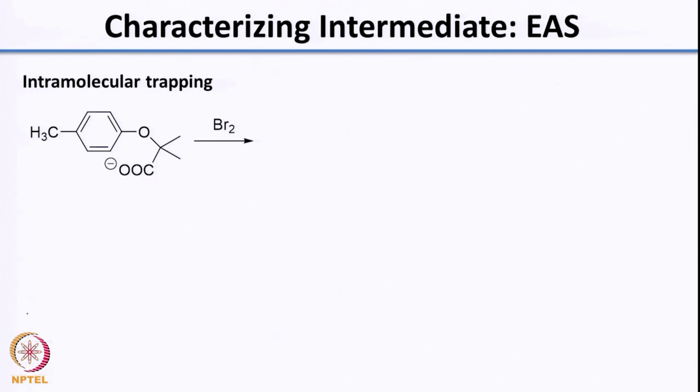So, let us see if you are able to figure out the intermediate. In this case, when I add my Br plus, what happens is, if I push the arrow, what the intermediate I get would be, nothing is happening here.